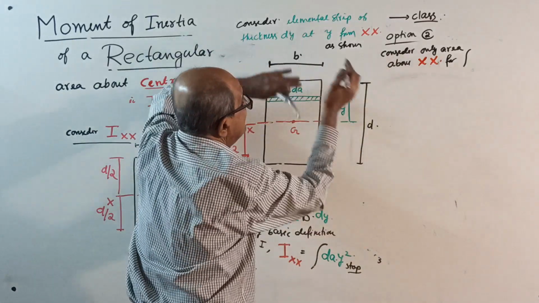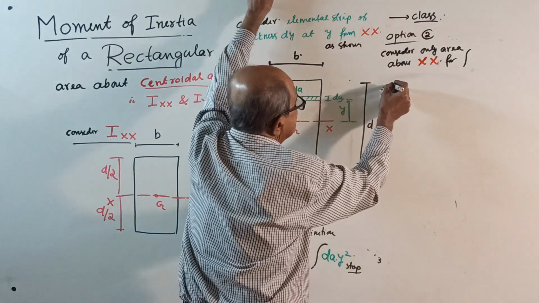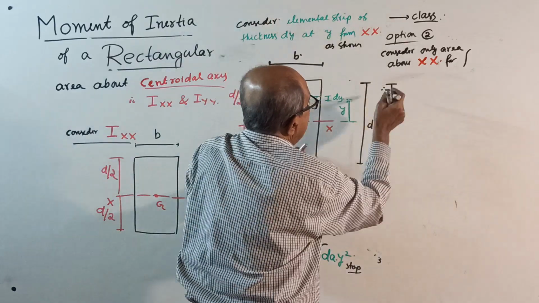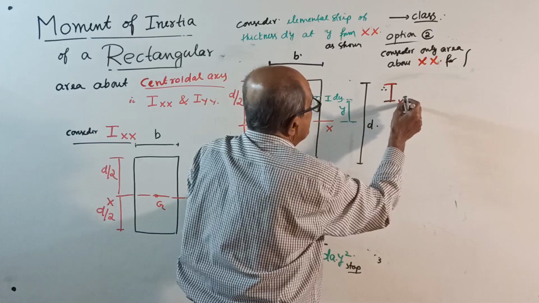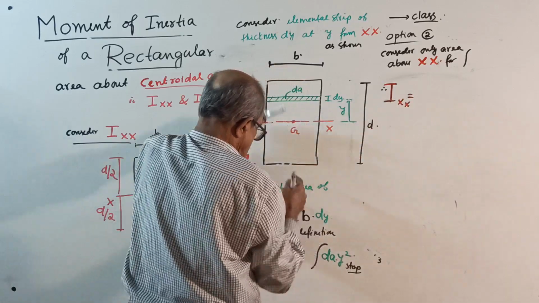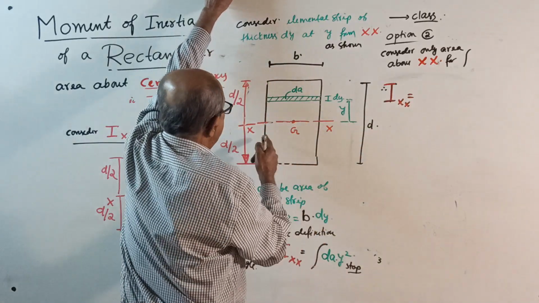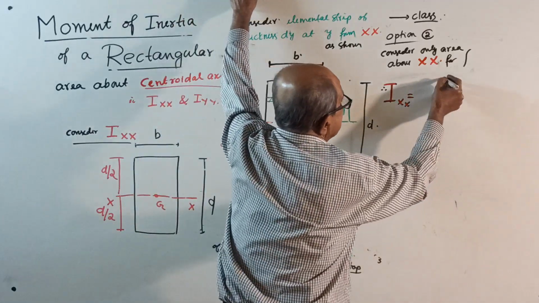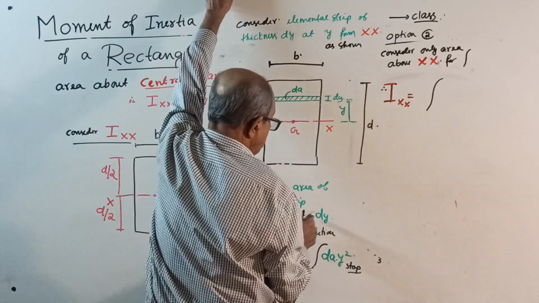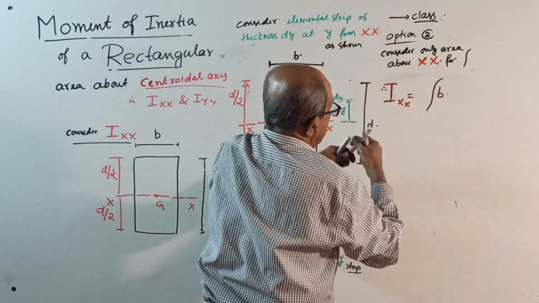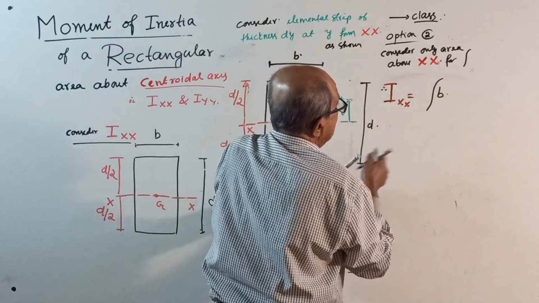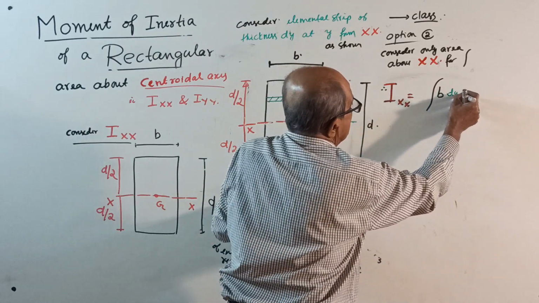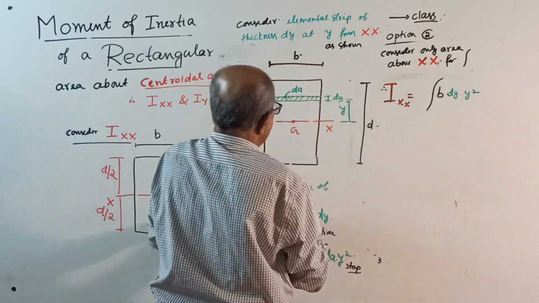See only that side. Therefore, your Ixx for the entire rectangle will become integration of dA into y square. What is dA? dA is b into dy, into y square.